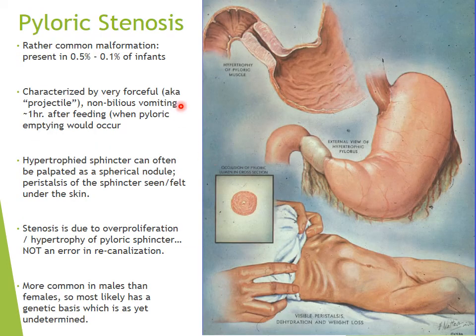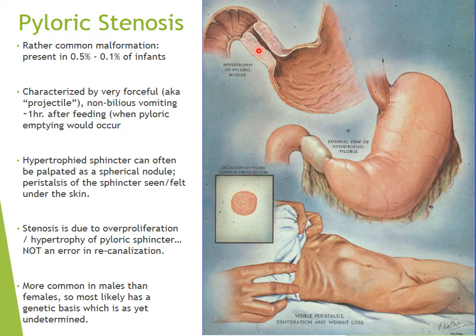So the congenital anomalies associated with the stomach are very rare, except for congenital hypertrophic pyloric stenosis. In this case, the muscles in the wall of the pyloric region of the stomach become hypertrophied. That means there is hyperproliferation of the muscles in the pyloric region.